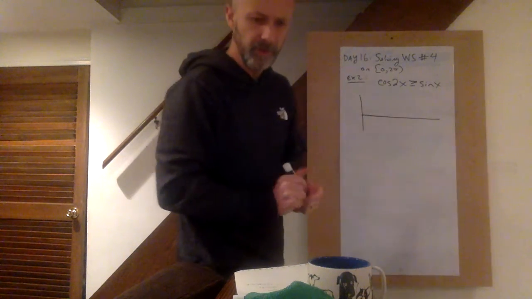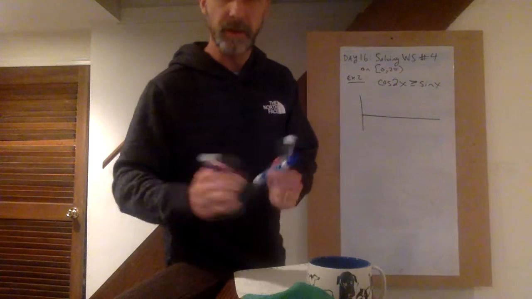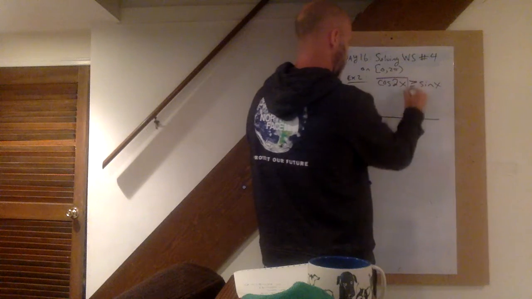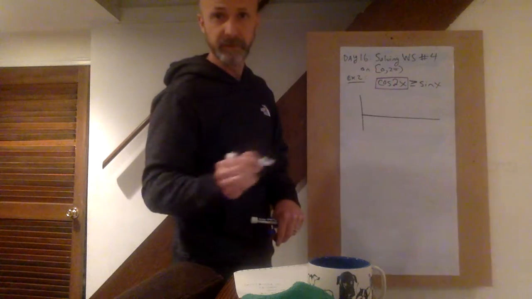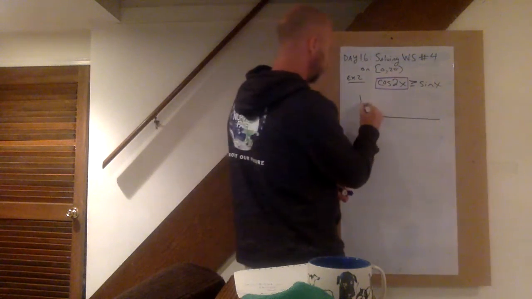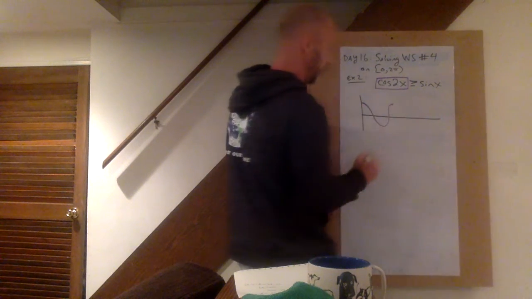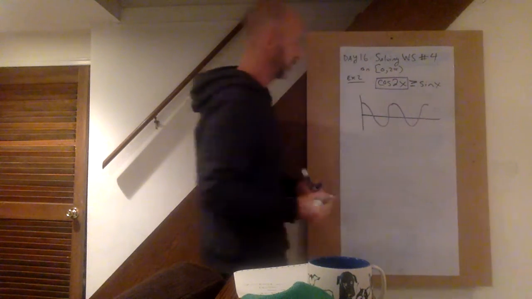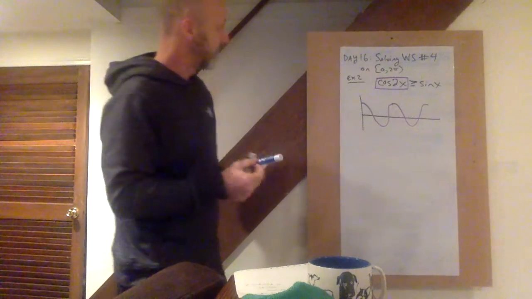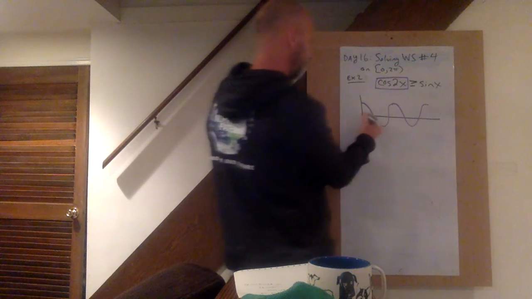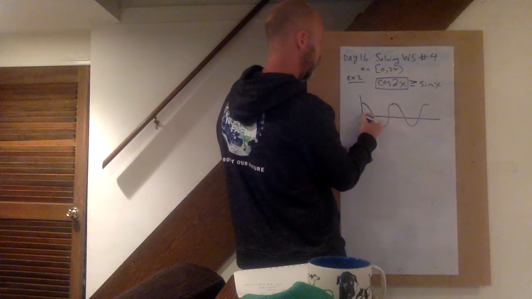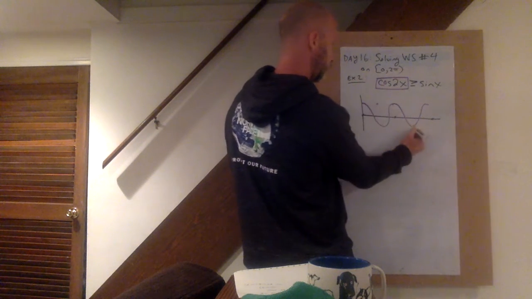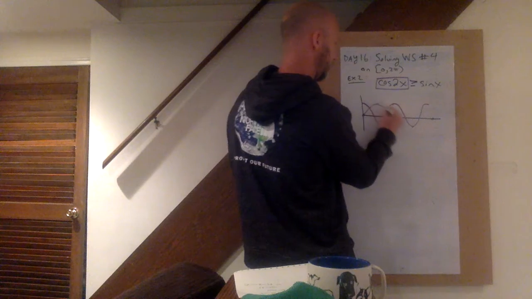Okay, let's just color code it as best we can. Looking at blue and purple, I hope you can differentiate between these two. Cosine of 2x, I'll graph in purple on the interval from 0 to 2 pi. So you know what cosine looks like, but we need 2 of those. So here's a second one, because its frequency is 2. And then, meanwhile, sine of x on the interval from 0 to 2 pi would look just like this. Maybe like that. Okay.